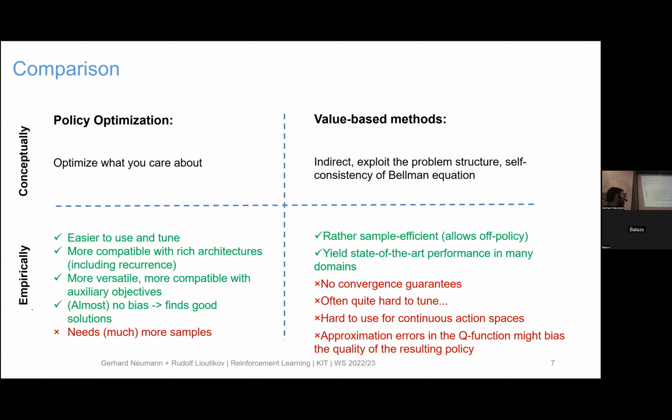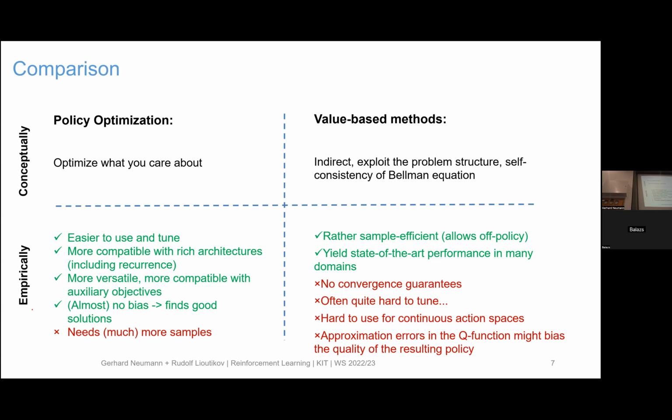Here we have a comparison between policy optimization and value-based methods. What are the main property differences? In policy optimization, we really optimize what we care about, and we care about the return. In value-based methods, we optimize the value function, which should have a low mean squared Bellman error.